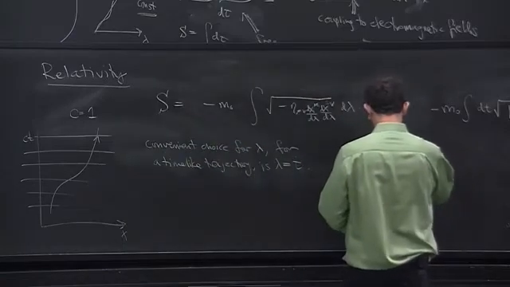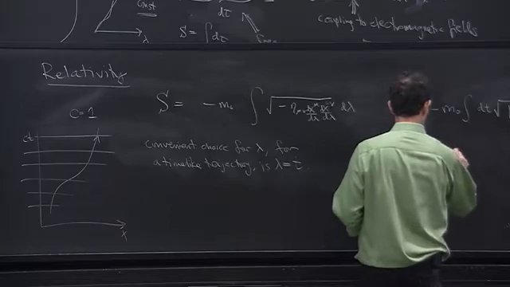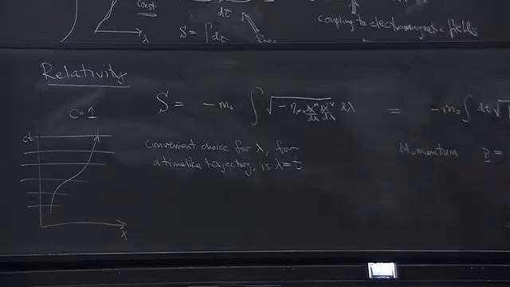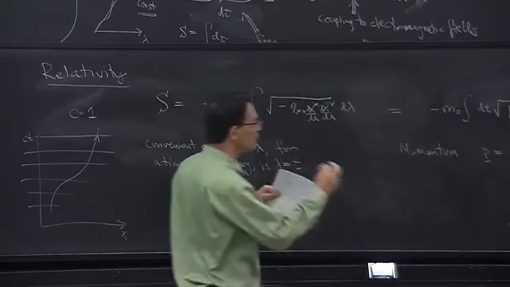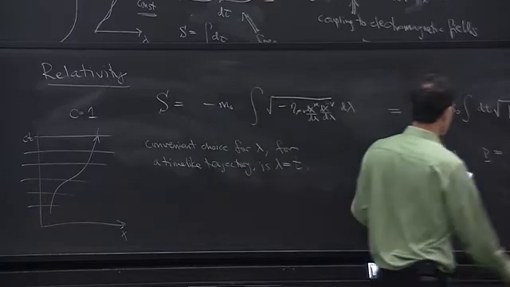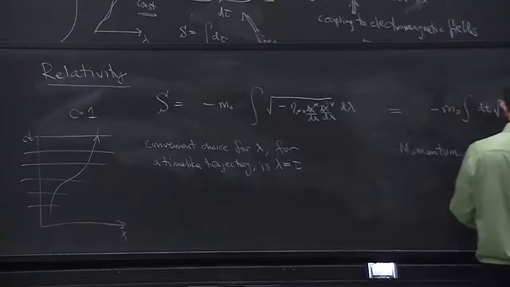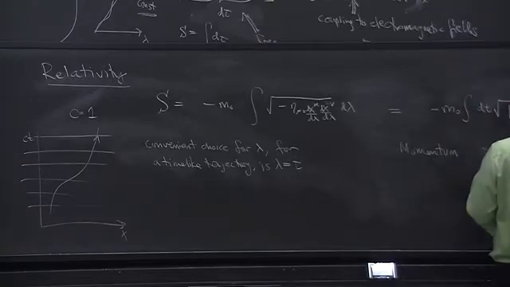So the momentum p, and we already derived this from translations. The momentum was defined to be the coefficient of the quantity which multiplies the epsilon, for a translation, should be d by dt of the momentum. And so the momentum is dL dx dot. So this is equal to plus m naught.